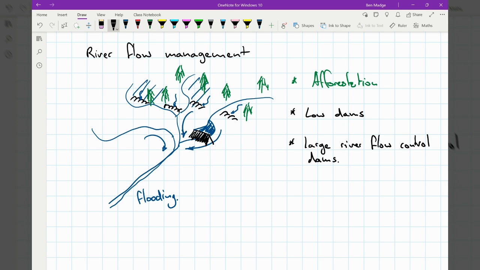And this will keep the rivers flowing in dry weather by storing water from the winter. And the River Exe actually has one of these as well. We can also do things like maintain floodplains either side of the river, so that if the river does breach its banks, then it won't flood anything valuable.